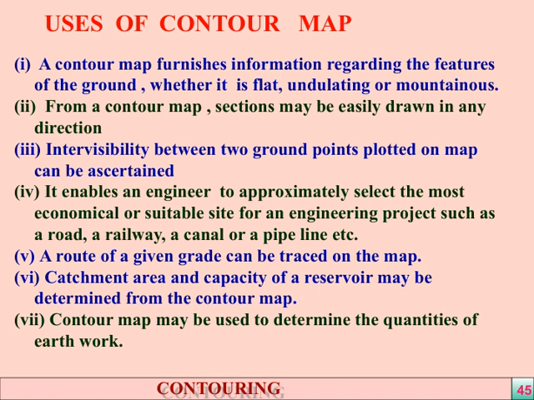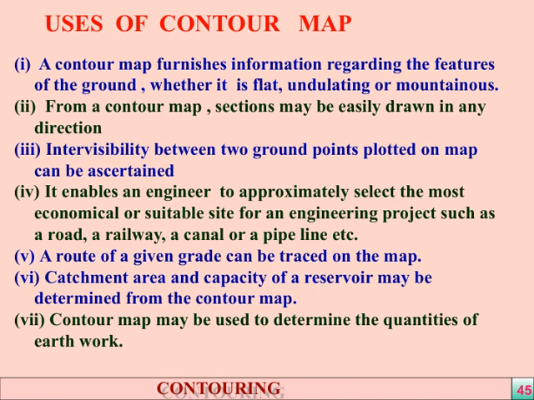It also allows you to determine intervisibility between 2 ground points, meaning you can see if 2 locations are visible from each other, which is vital in many engineering projects. Speaking of projects, an engineer can use a contour map to select the most economical or suitable site for things like roads, railways, canals, or pipelines. It helps in tracing routes of a specific grade, ensuring the design is practical and efficient.